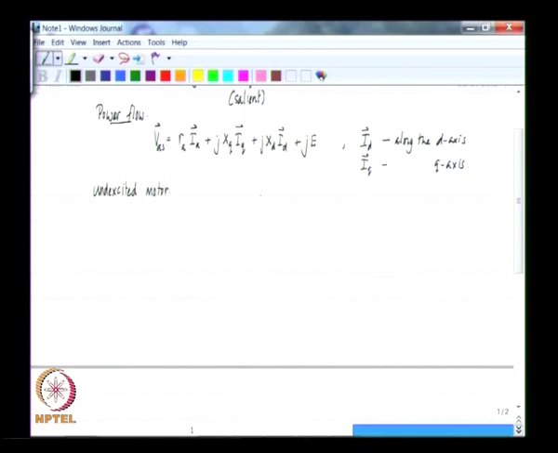So we draw the phasor diagram. First, therefore we do the D and Q axis. So this is the quadrant, and then you have the D axis along here and the Q axis along here.